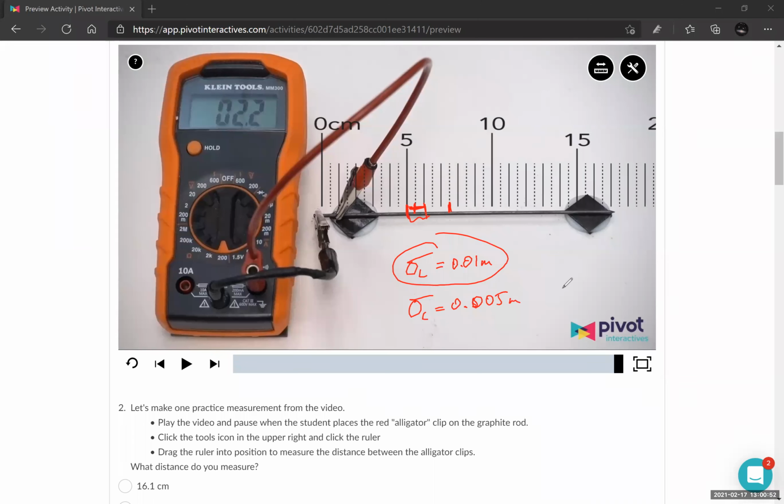Now, the general rule is this: you take the smallest direct reading you can get and divide that by 2 to get the uncertainty. So in a regular ruler, 1 centimeter is the smallest direct reading you can get. So half of that, 0.005, is taken as the uncertainty.